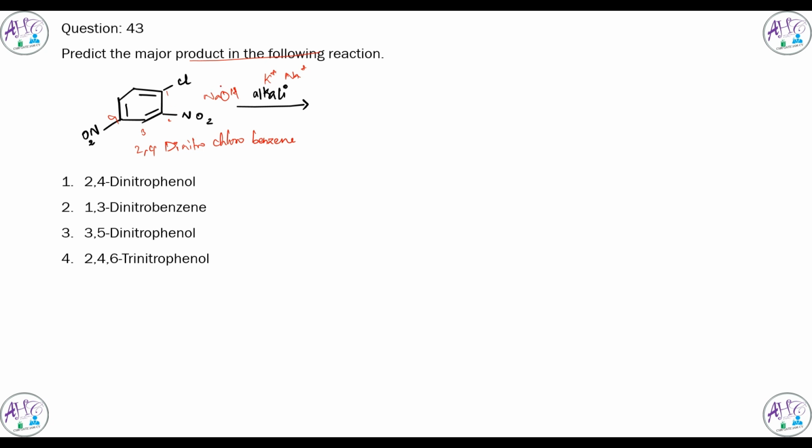The O minus group, which is your oxide group, is going to attack this position, thereby removing the chlorine group. In place of sodium, you can also have potassium or any group. The nitro groups stay in the same positions and are not changed, but in the place of chlorine, you are going to have the oxide group.